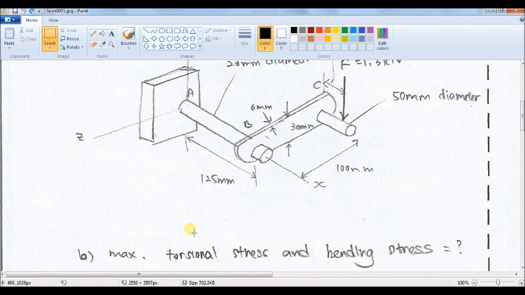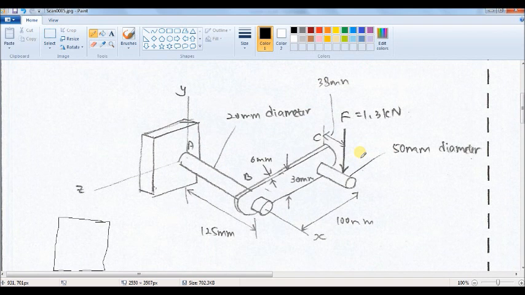As you can see, the cross section of arm BC is a rectangle. So if I draw a rectangle here, so this is the rectangle. I have to demonstrate what type of moments or torque are acting on this cross section.